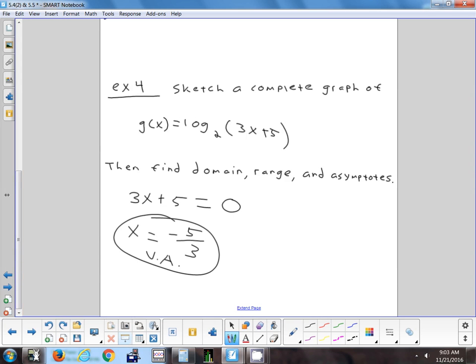And now the domain is either numbers bigger than that or smaller than that. Would I have to plug in numbers bigger than negative 5/3 or smaller? And remember, you always want this to be positive.